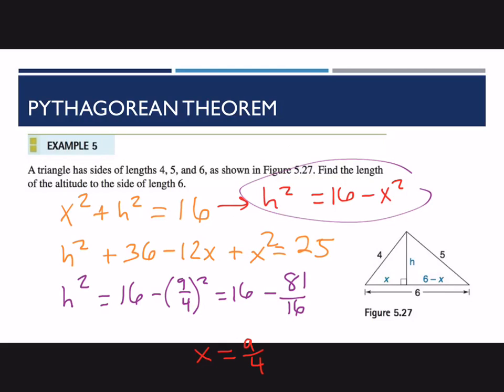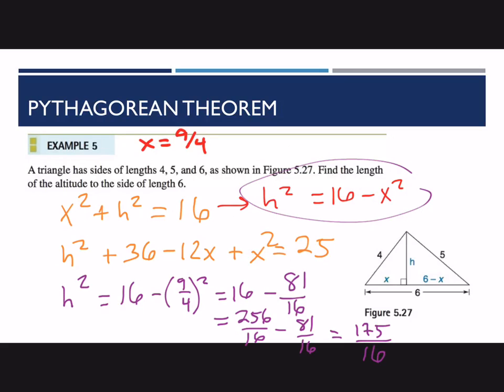Okay, so let's see. X is 9/4. Alright, so I'm going to make these both 16ths. So 16 becomes 256 over 16, subtract 81 over 16. And you get 175 over 16.